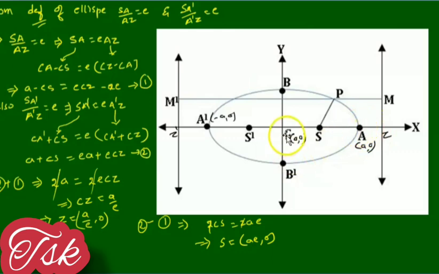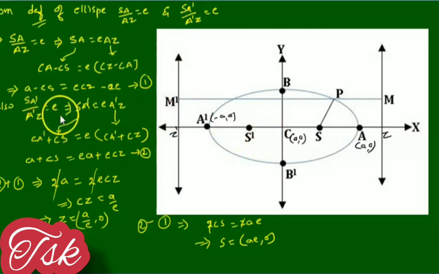So, if CA is equal to a units, then we can write the equation as a minus CS is equal to E into CZ minus a into E. That is equation number 1. Let us move to the second one.